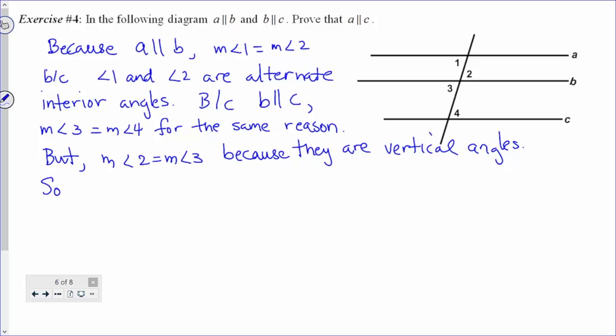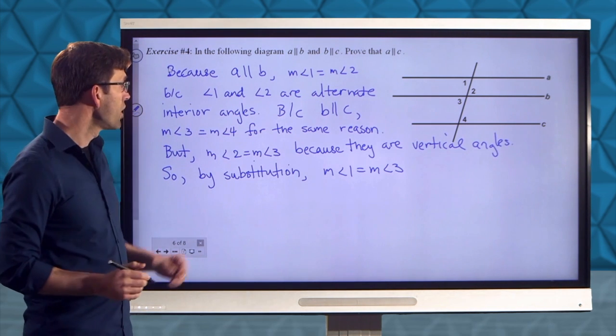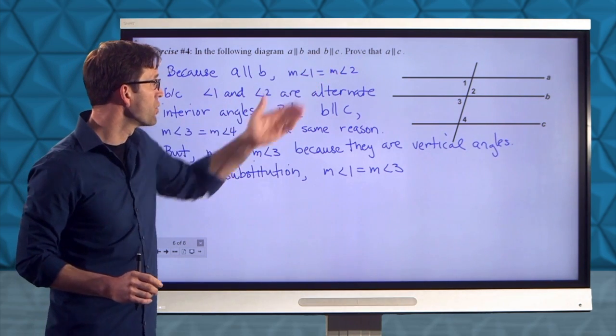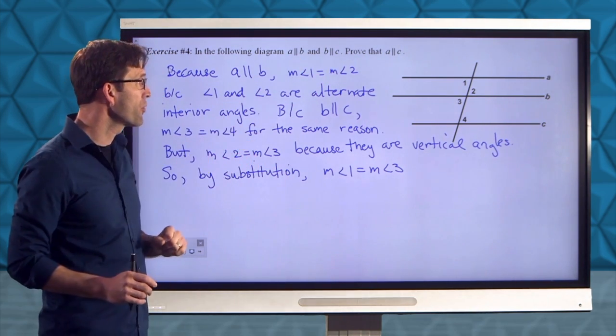So, by substitution, now think about this. By substitution, we know 1 is equal to 2, and 2 is equal to 3, so the measure of angle 1 must be equal to the measure of angle 3. Right? So 2 is equal to 3, they're vertical angles. So since 1 is equal to 2, 1 must be equal to 3.